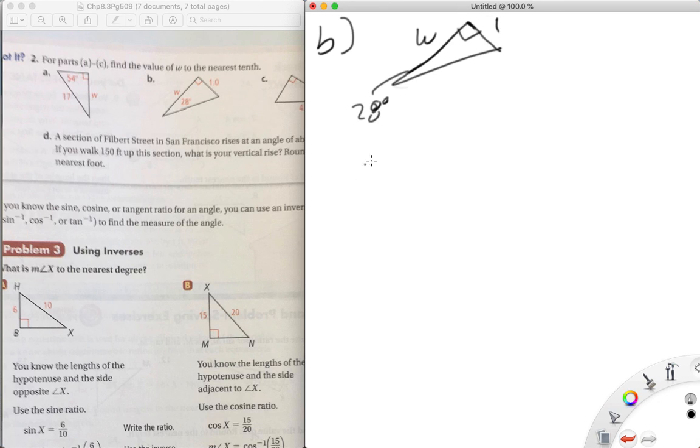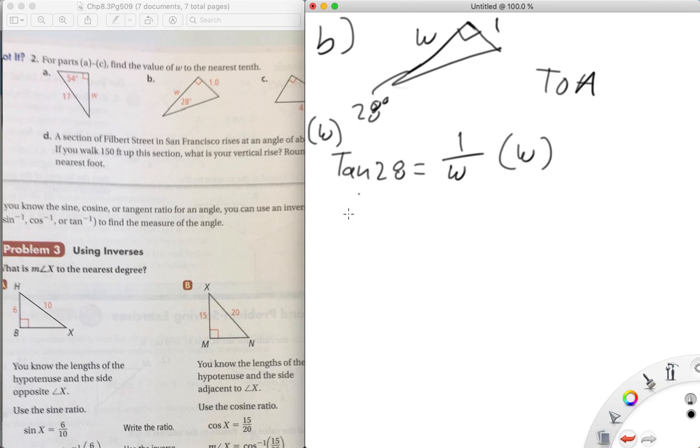So I'm going to use tangent. And remember, tangent is TOA, opposite over adjacent. So tangent of 28 degrees is equal to opposite, which is 1, over adjacent, which is W. I'm going to multiply both sides by W, and I get W times tangent of 28 equals 1. Then I'm going to divide both sides by tangent of 28.